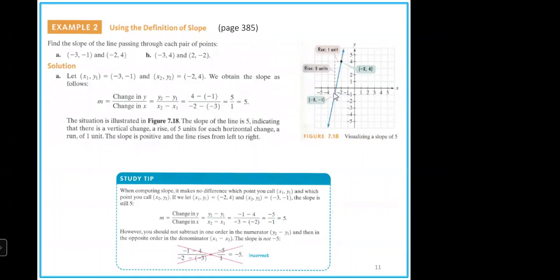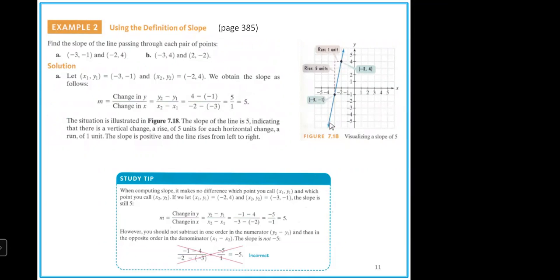If you start from your first point and move up, you go 1 square, 2, 3, 4, 5 squares up, and then 1 square across to your right. So it's 5 units up and 1 unit across. Your rise is 5 and your run is 1, and that's how we get 5 over 1 equal to 5.